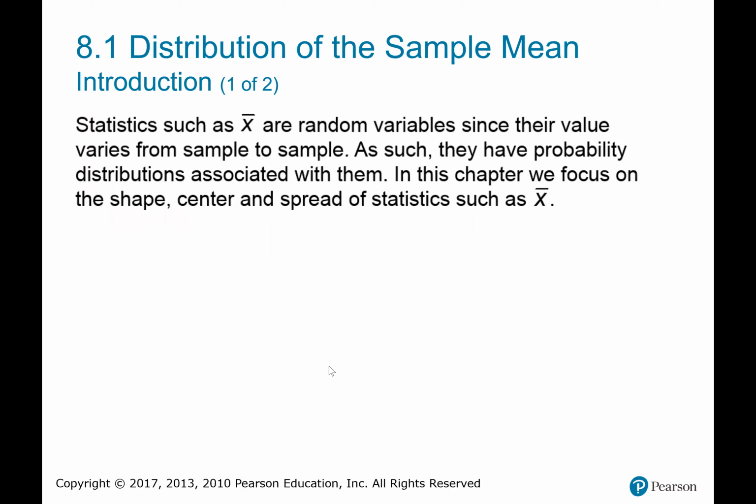Statistics such as X bar are random variables since their value varies from sample to sample. And again, guys, what was statistics? The definition of statistics: it's the science of collecting, organizing, summarizing, and analyzing the data to draw a conclusion or answer a question.